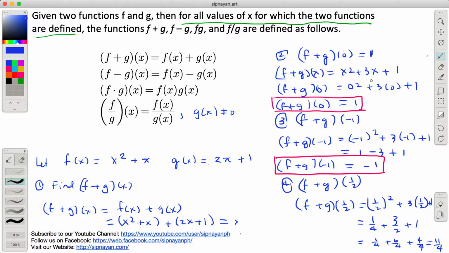So if you're looking for f plus g of 0, you just substitute 0 for the values of x, the x's that appear in the function. I hope you learned something from this video.